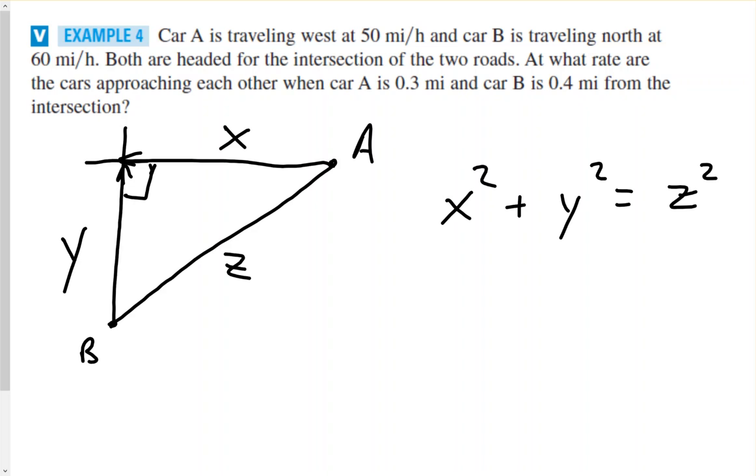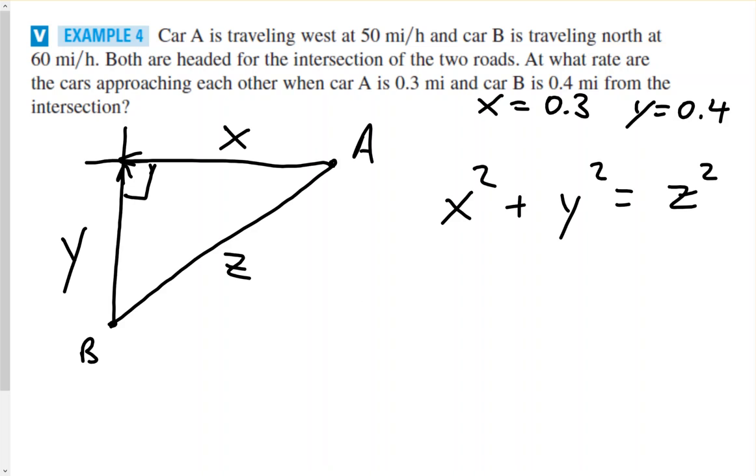So we know that x is going to equal 0.3 and y is going to equal 0.4. Now we're also given dx/dt and dy/dt.